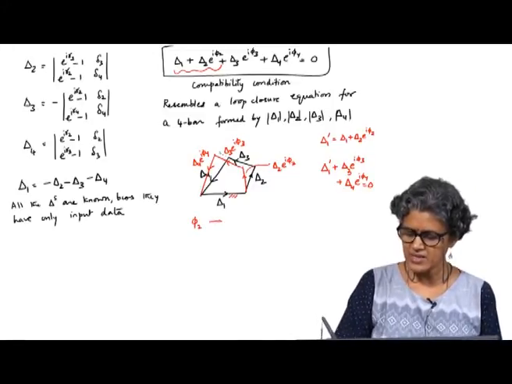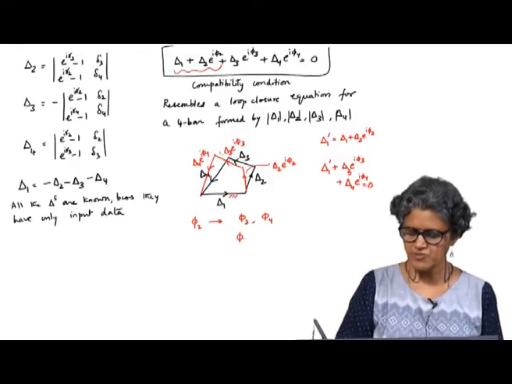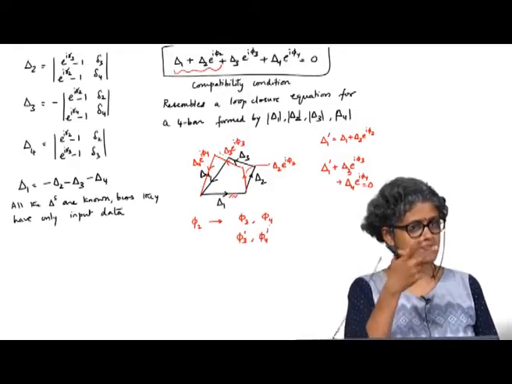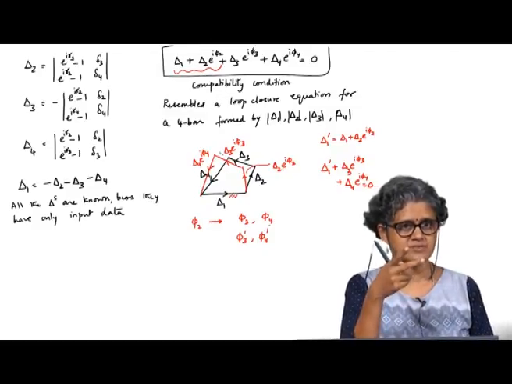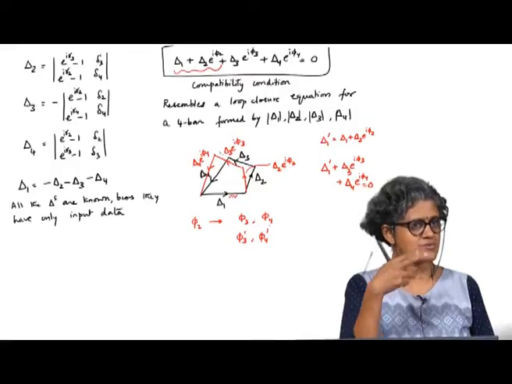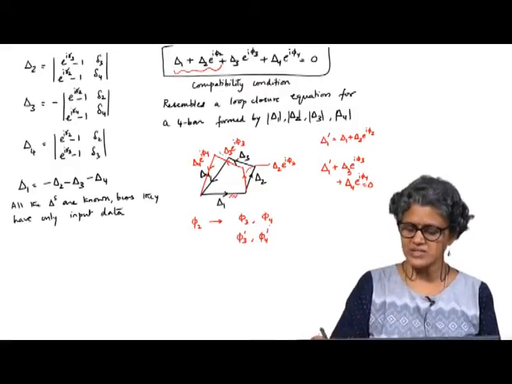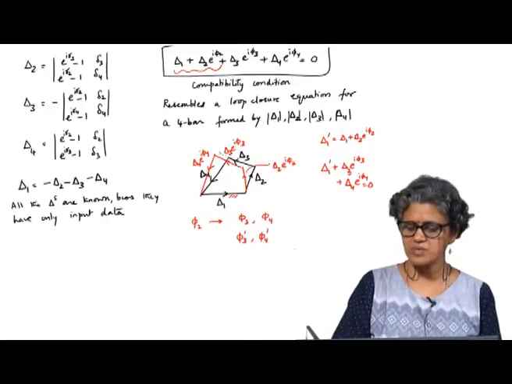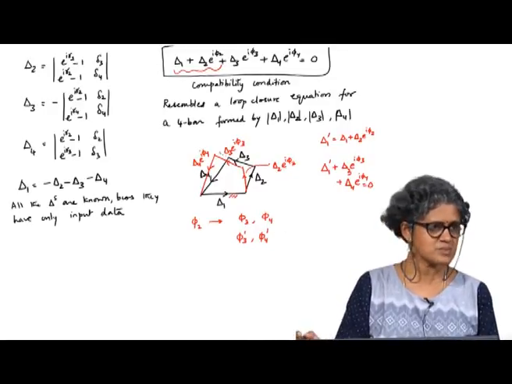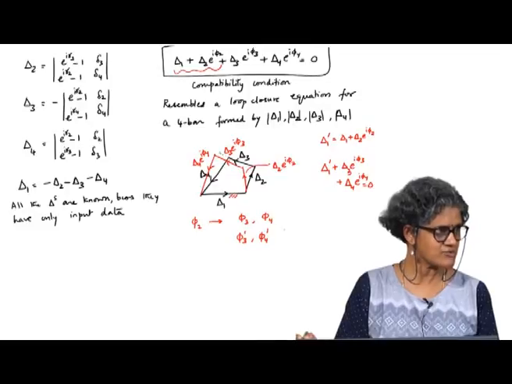I will get a phi 3, phi 4 and a phi 3 dash, phi 4 dash. Why? Because of the 2 assembly modes for the linkage. So, if assembly mode 1, it is phi 3, phi 4; assembly mode 2, I will get phi 3 dash, phi 4 dash.